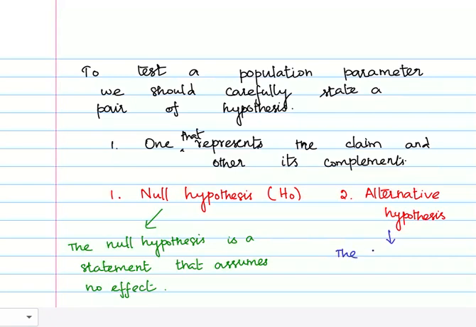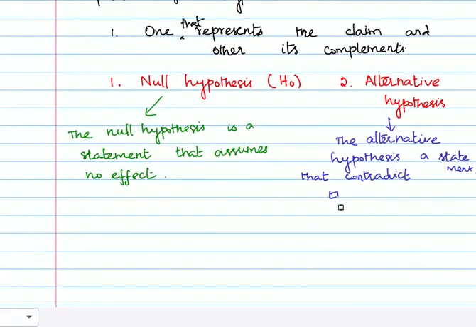The alternative hypothesis is a statement that contradicts the null hypothesis.